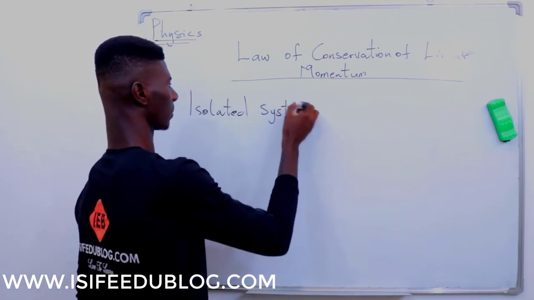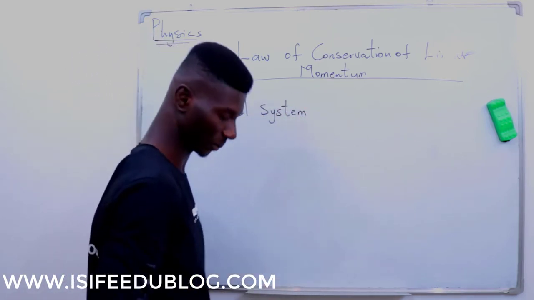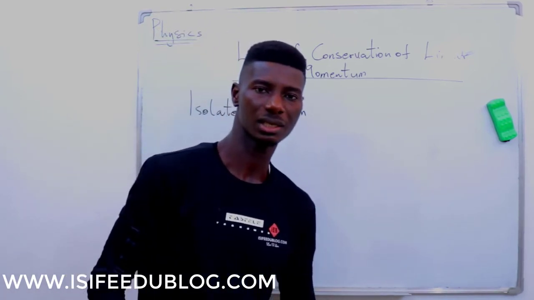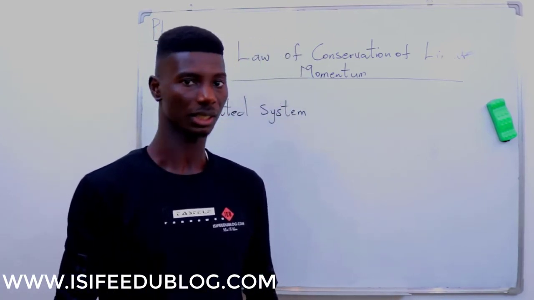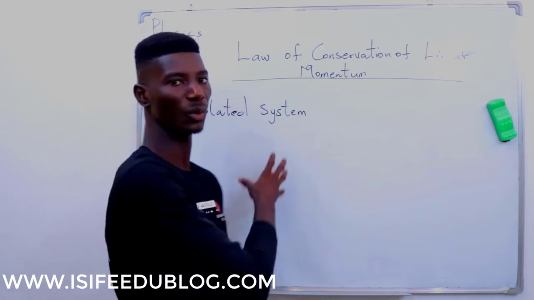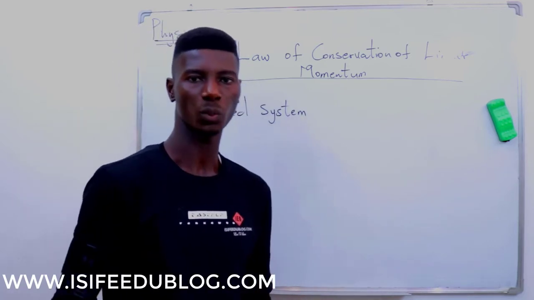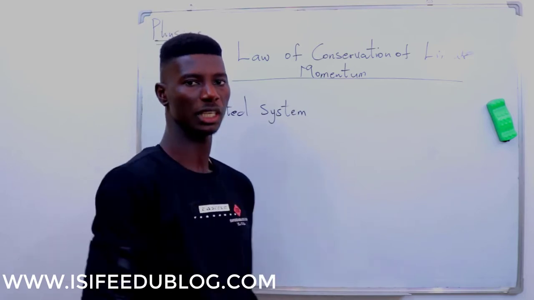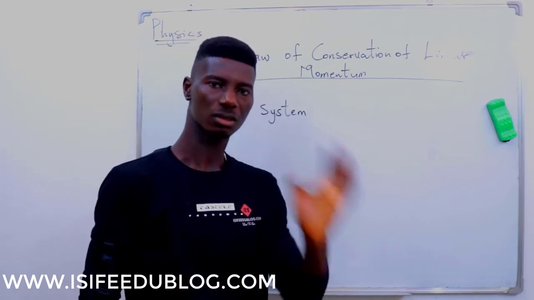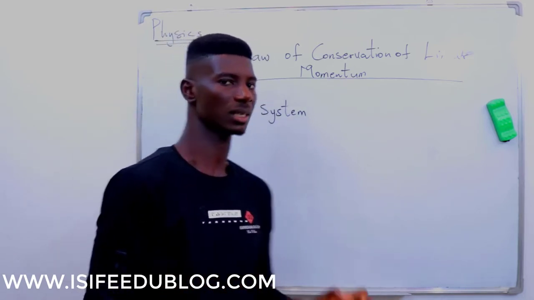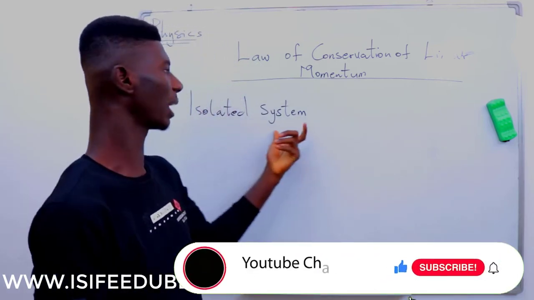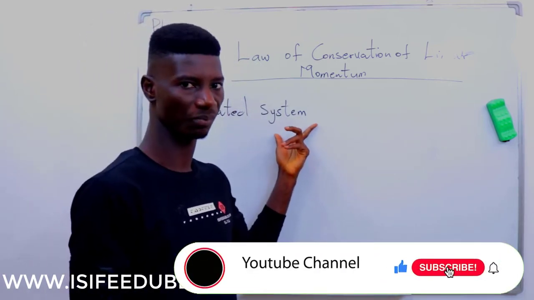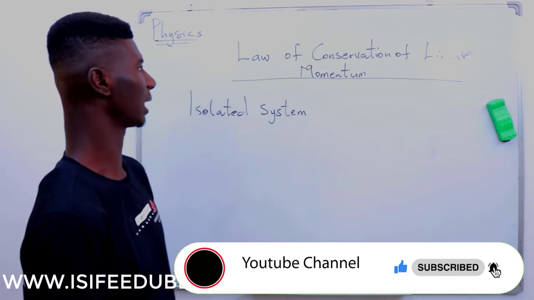An isolated system deals with an ideal assumption. It is a system where no external force is acted upon. So if an external force does not act in a particular system, we call that system an isolated system. So we are going to make an ideal assumption.